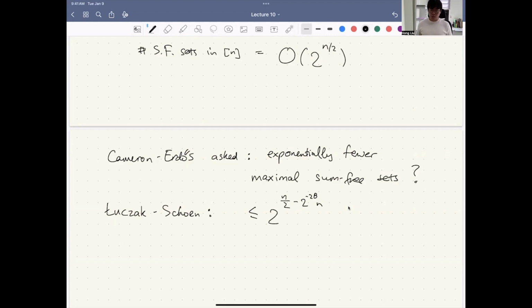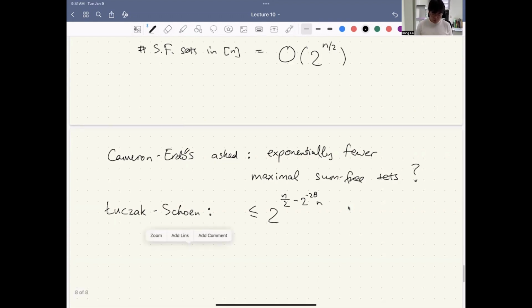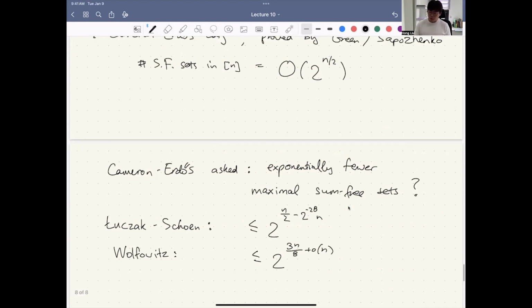It is exponentially smaller. This was improved by Wolfowitz, who showed that this is at most 2 to the 3n over 8 plus little o(n). So much more reasonable constant here.